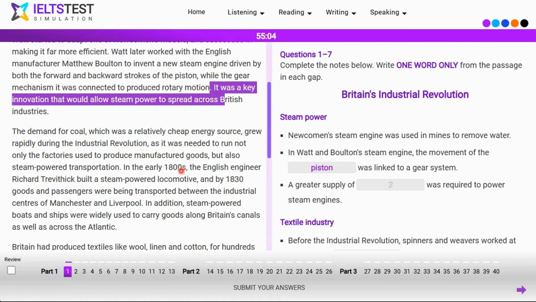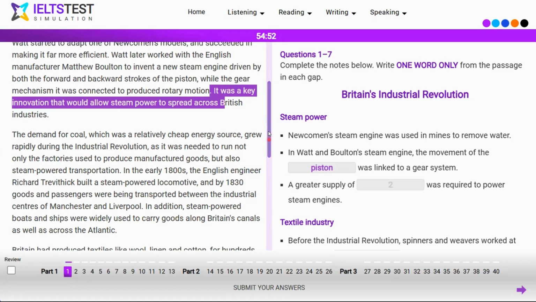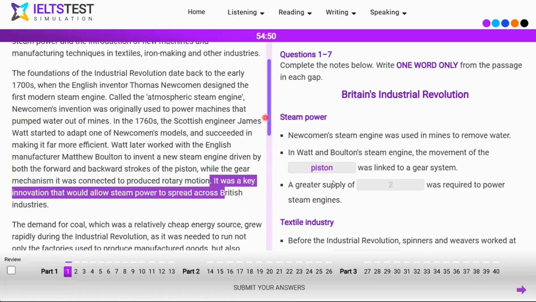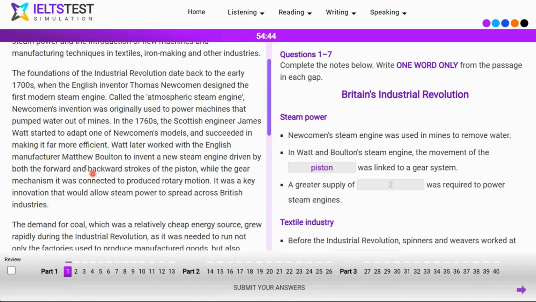In the 1800s, English engineer, by 1830, in addition, steam powered were widely used. Okay, hold on. Let me go back a little bit. A greater supply of dash was required to power steam engines. Is there anything like greater supply here?